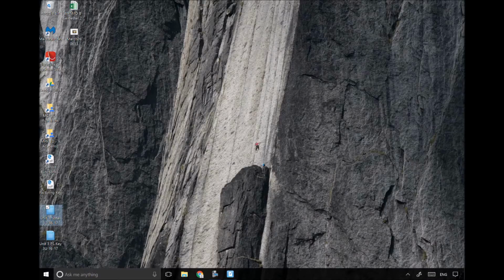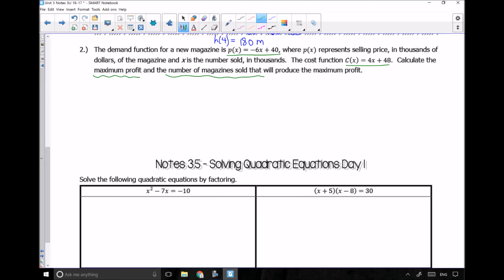So first of all, the first thing that we need to know is that our revenue is always going to be our demand function times x. Remember, your revenue is how much money you're getting from your sales.